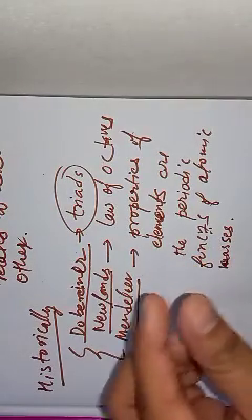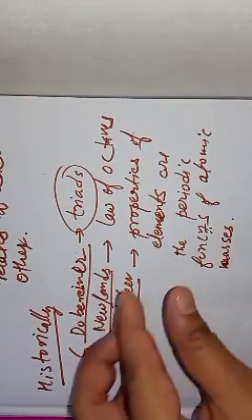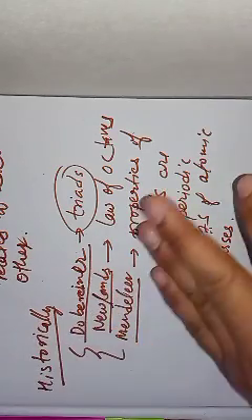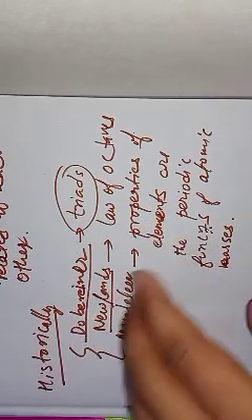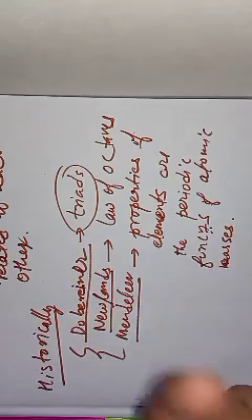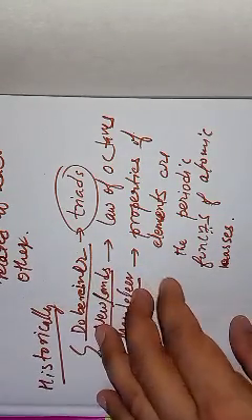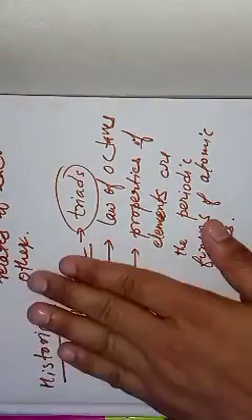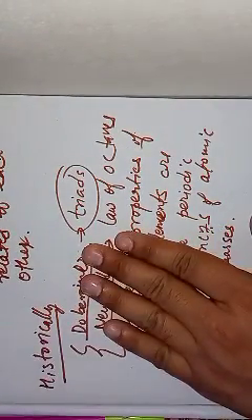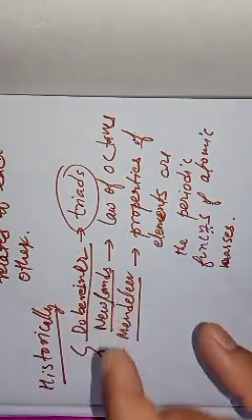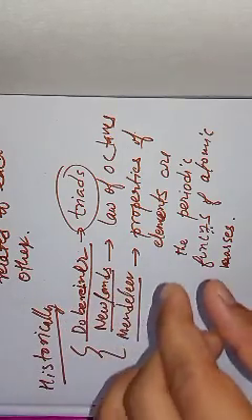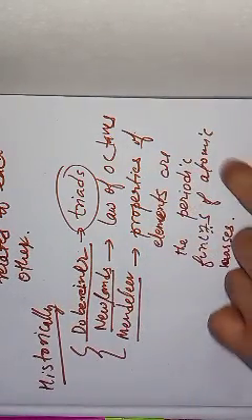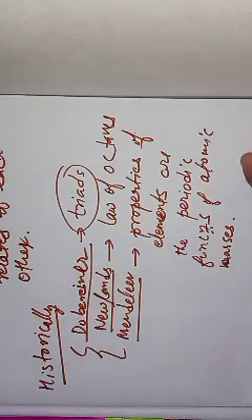Atomic mass is the sum of protons and neutrons in the nucleus of an atom, whereas atomic number is the number of protons, which is equal to the number of electrons in an atom. The modern periodic table, which we will be dealing with in the chapter, is based on the law that properties of elements are periodic functions of atomic numbers and not atomic masses.